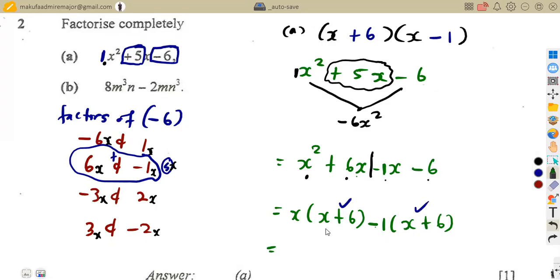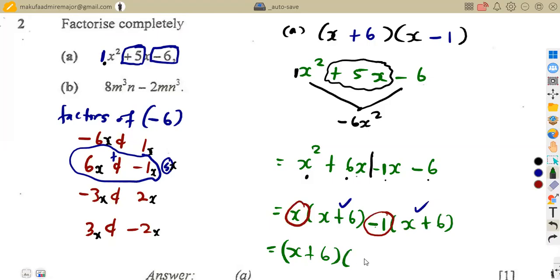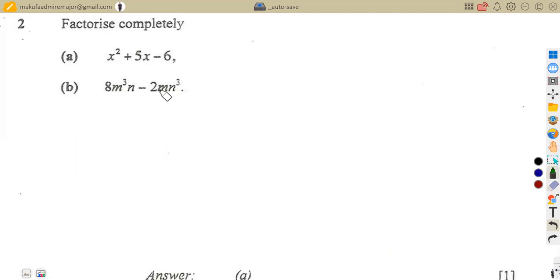So we are going to factor x plus 6 out. The moment you factor out x plus 6, here you are remaining with x, and here you are remaining with -1. The terms that you are remaining with are combined in one bracket, x and -1. So as you can see, we are obtaining the same answer that we had in the first place in a direct way. All right, that was the first part.